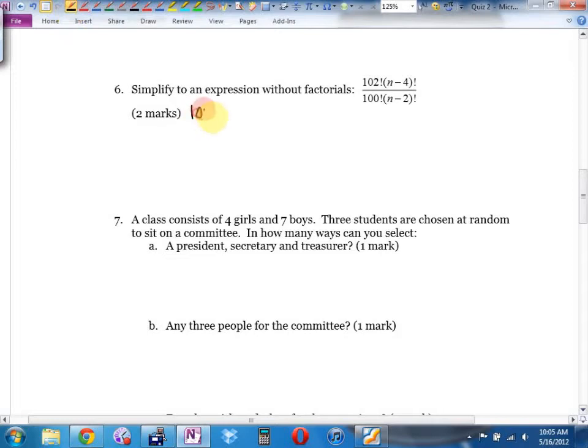That's going to leave me with 102 and the 101, but then the 100, the 99, the 98 would cancel out with the 100, the 99, the 98 in the bottom. Then I look at this. I drew a fraction bar, and I said, okay, I got an n minus 4 on the top and an n minus 2 on the bottom. Kara, which one's bigger? So I'll start to expand n minus 2. That's n minus 2, n minus 3, n minus 4. Ooh, I'll stop there.